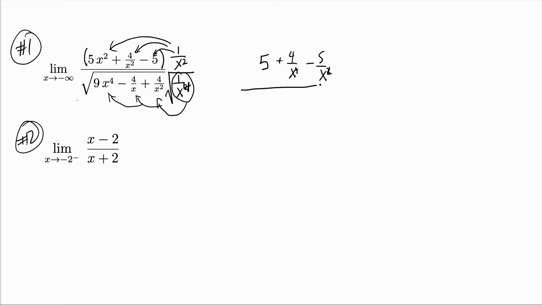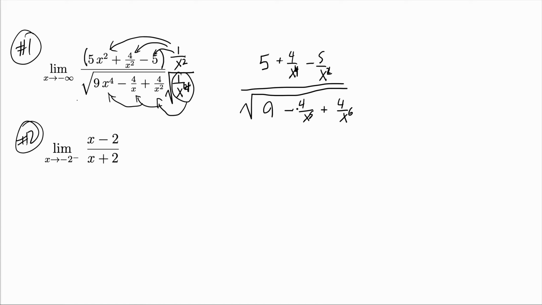That's a 4, if you can see it right. On the bottom, we're going to get the square root of 9 minus 4 over x to the 5th plus 4 over x to the 6th.